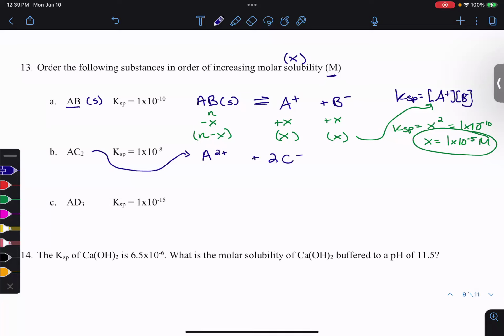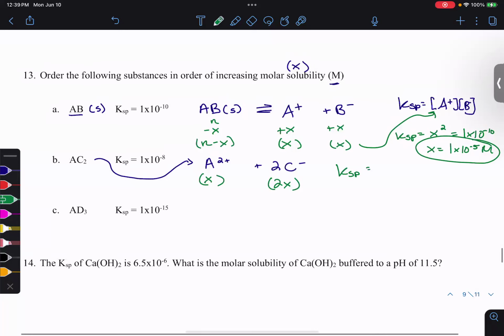So when you do your ICE table, you should gain an X amount of A, but a 2X amount of C. And that's where this one differs. So when we put this into the Ksp expression, the expression itself is still A+ times C-, but the C is squared. Don't forget the 2 there.